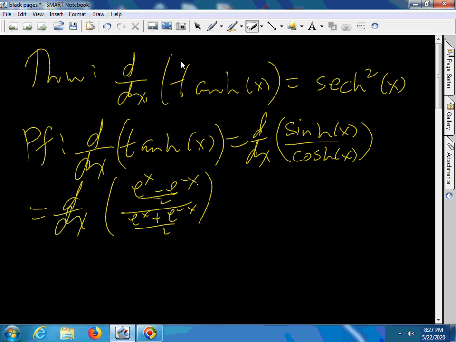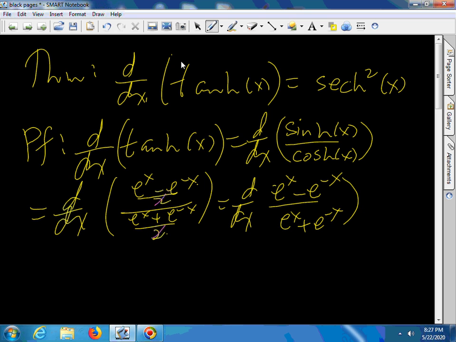Now, if you remember your algebra well, those 2's cancel out. So you're just going to find the derivative of e to the x minus e to the negative x over e to the x plus e to the minus x.